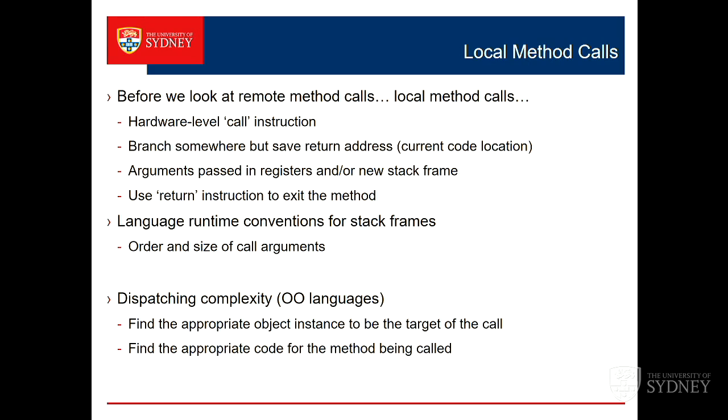Different languages have different runtime conventions for the way we pass the arguments, etc. And if we've got an OO language, we've also got the complexity of finding the object we're calling and then finding the method entry point inside the object. So there's some dispatching complexity there. But that's all pretty straightforward.